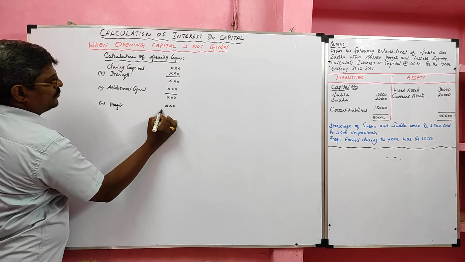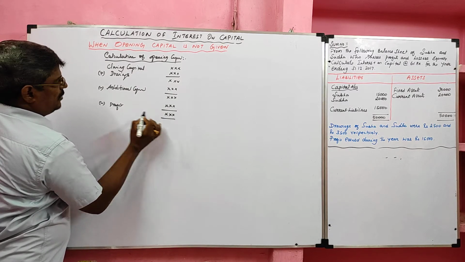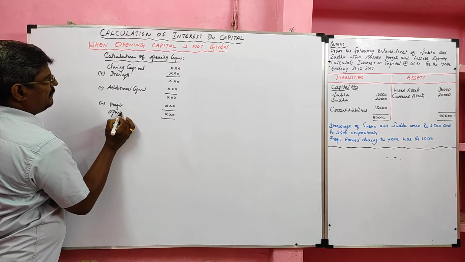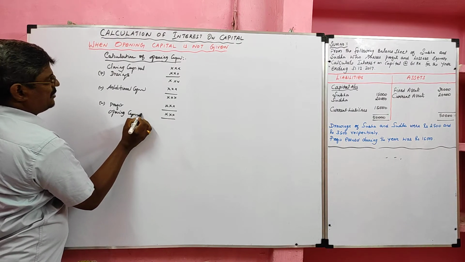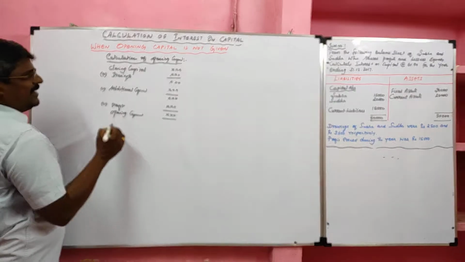We'll get one value that we call opening capital. Then we have to calculate interest on capital on opening capital as well as on the additional capital.